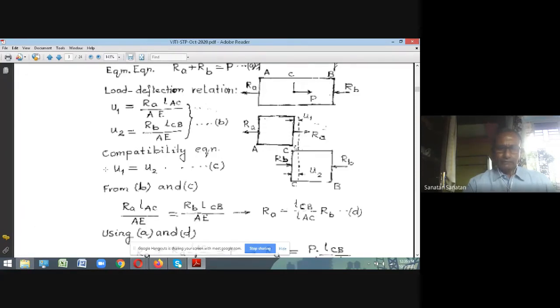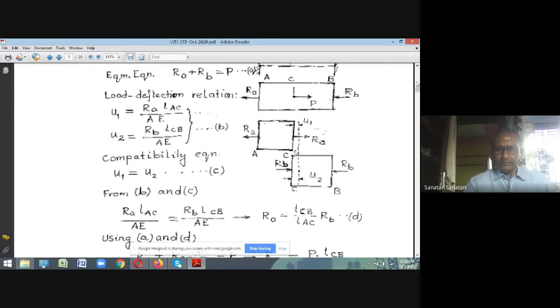And this compatibility equation is nothing but U1 equal to U2, which gives you an equation: RA times LAC by AE equal to RB times LCB divided by AE, which gives you a linkage between the two forces RA and RB. You had the equilibrium equation right at the top, which gives RA plus RB equal to P, one equation. And now this displacement constraint condition, the compatibility condition, gives you a relationship between the two forces RA and RB.